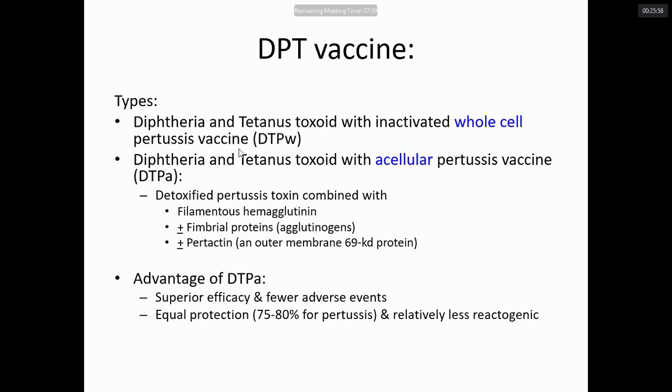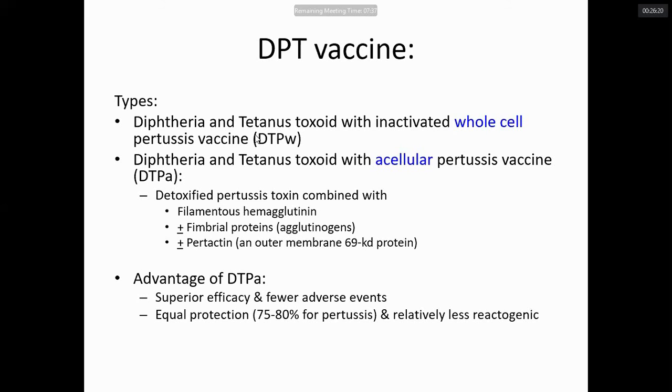So with DTWP, neurological complications are seen most of the time in children after administration of the vaccine. So nowadays DTAP is preferred, but in our national immunization schedule DTWP is kept.